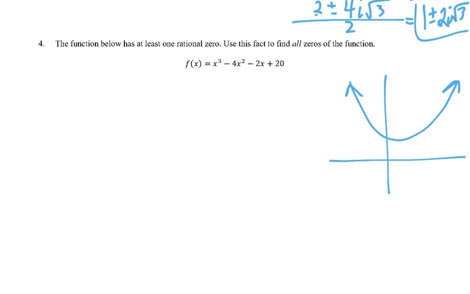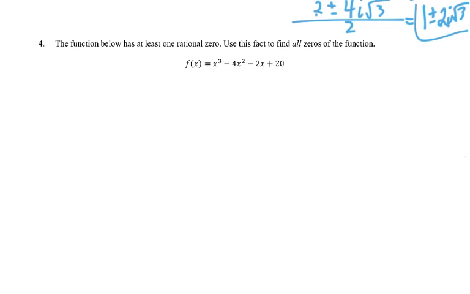That would have imaginary roots because there's no real number value on the x-axis that that function intersects with. So it's a kind of complex idea, but we can find these imaginary roots.